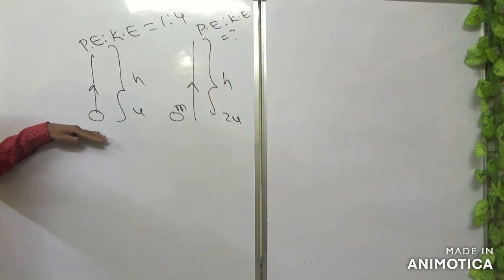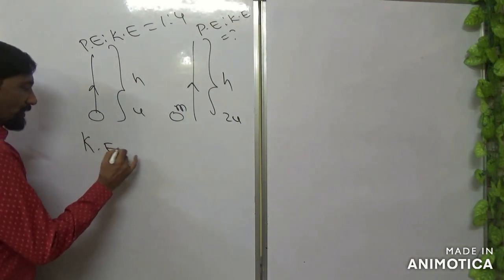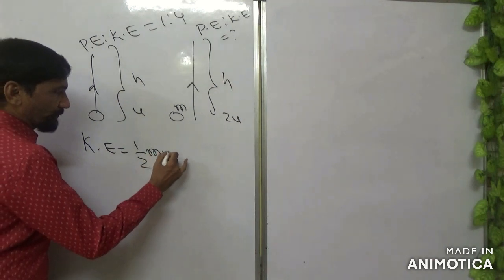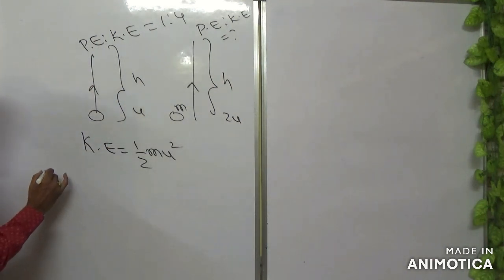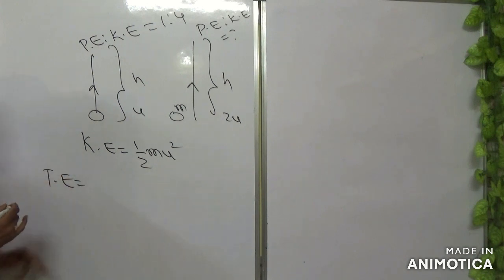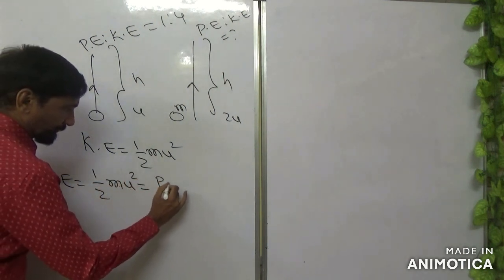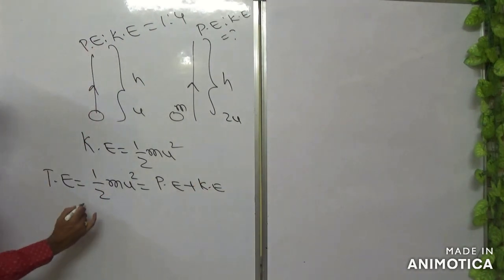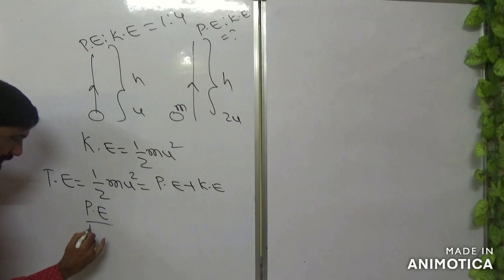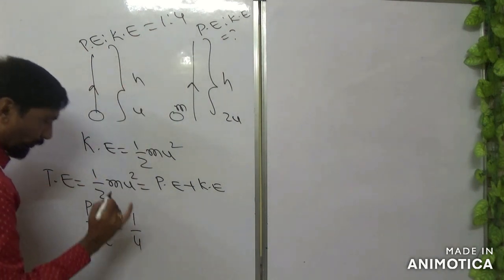So you know in the beginning it is having kinetic energy, half m u square. So at this point, you know, total mechanical energy is potential plus kinetic. According to the problem, potential to kinetic is 1:4.